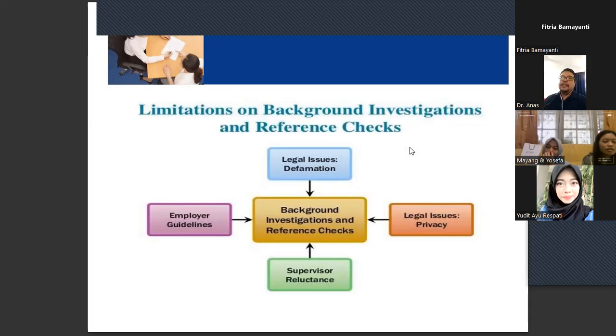For the supervisor related: legal issues, defamation. Legal issues also include privacy and the employer guideline. So these are the four limitations of background investigation. Next slide.